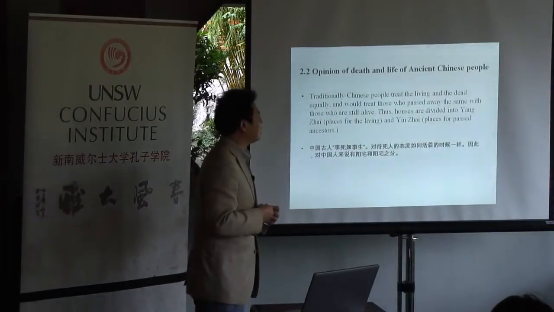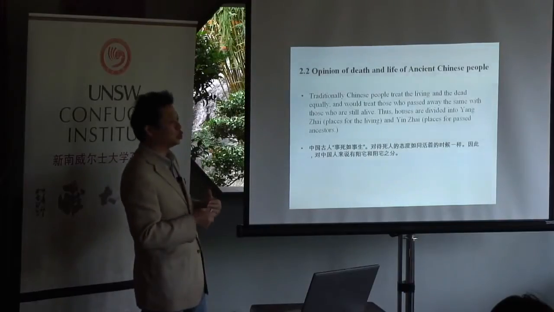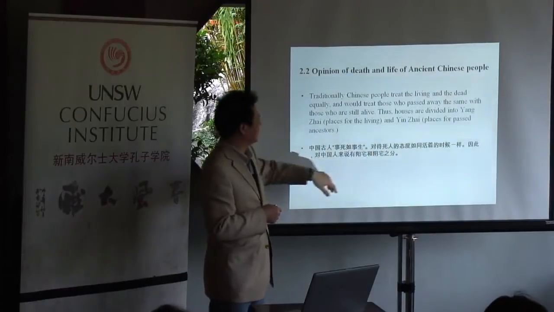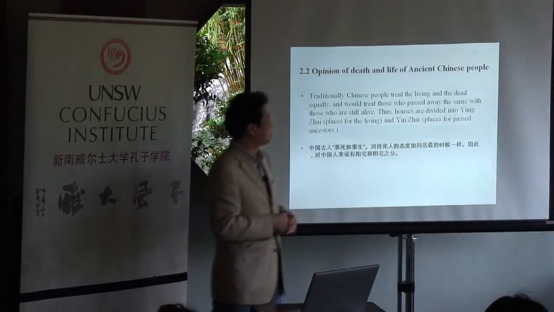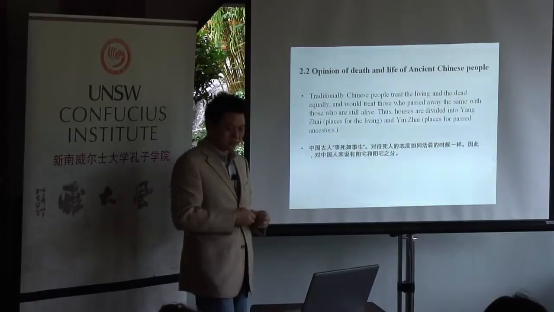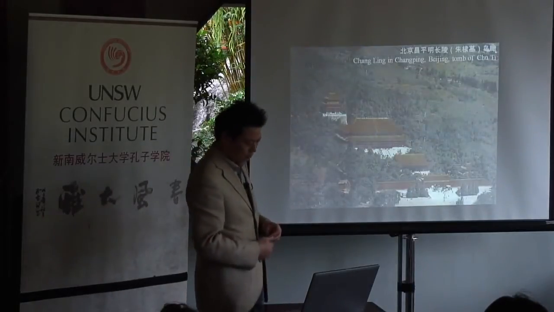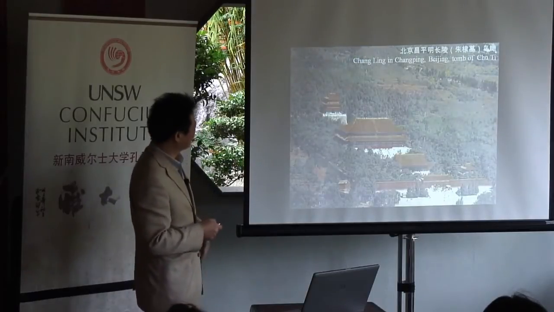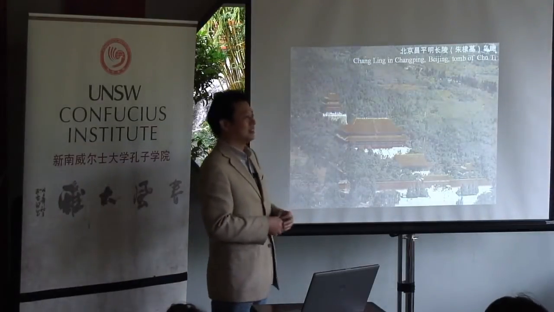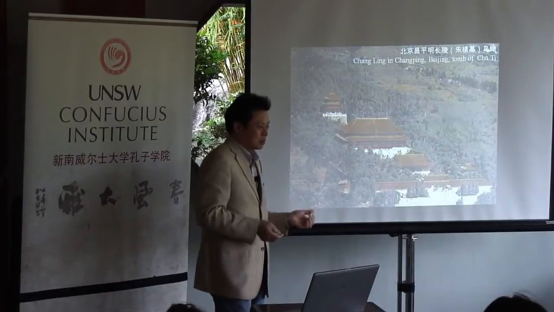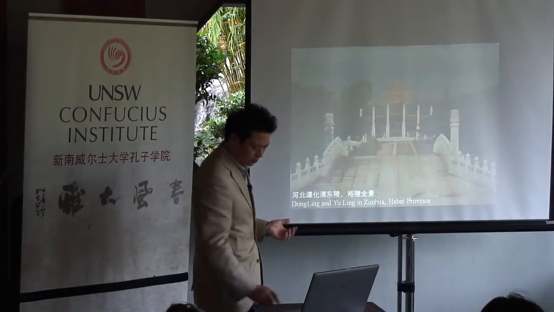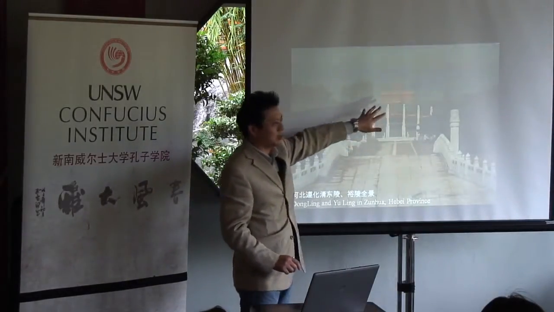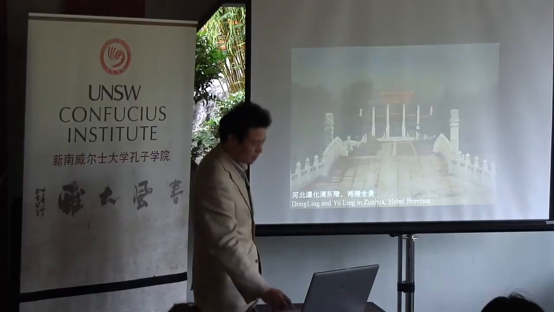Thus, houses are divided into yang zhai, places for the living, and yin zhai, places for past ancestors. This is a yin zhai for the emperor. Like the palace, it's the same form: the bridge, the ceremony gate, and the main hall are the same as a palace.